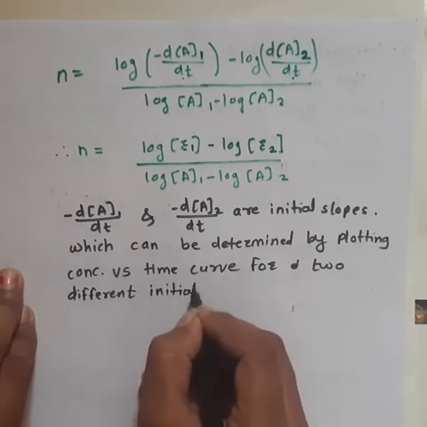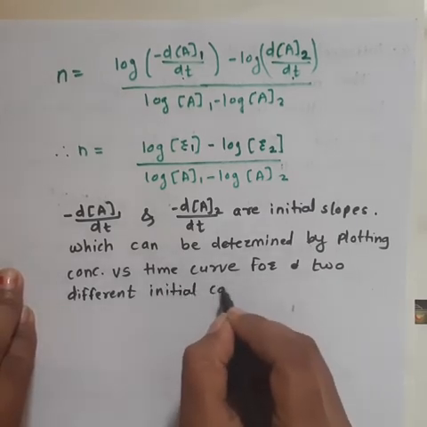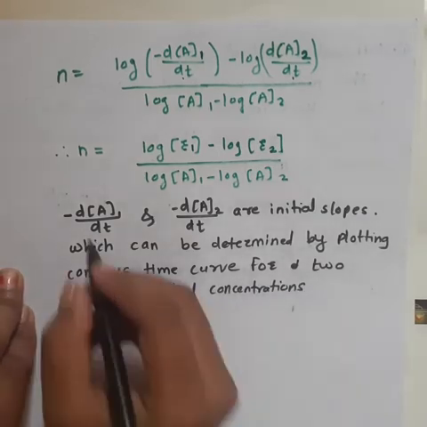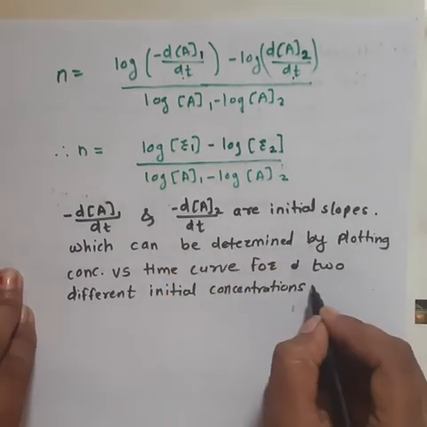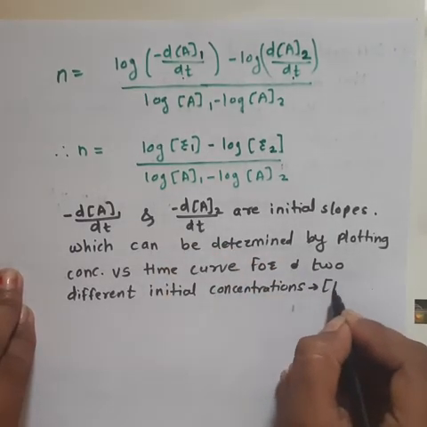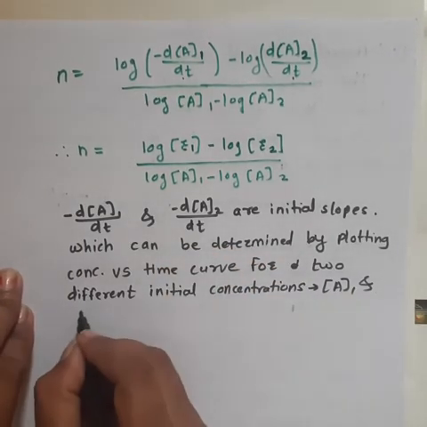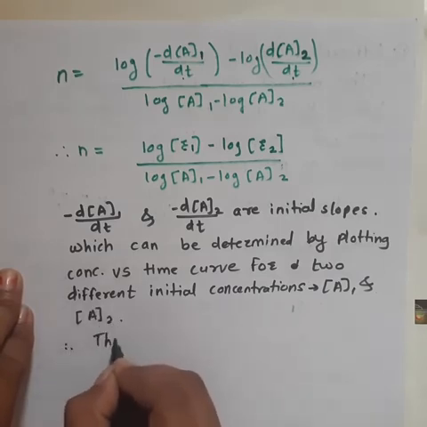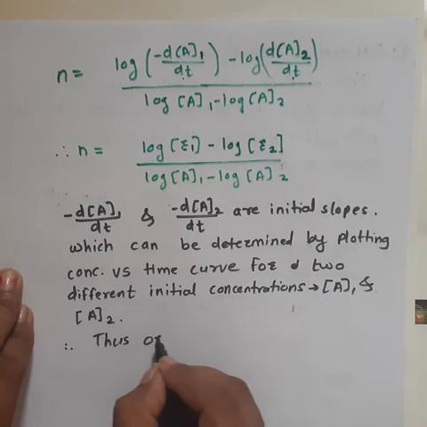Which are these two different initial concentrations? These are A1 and A2.